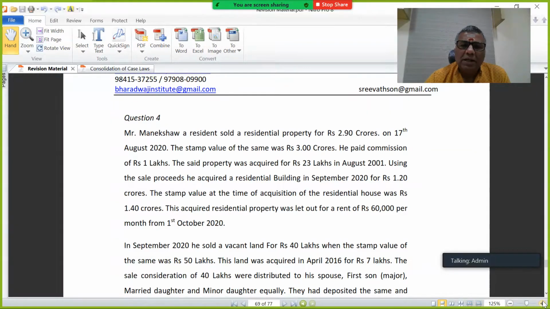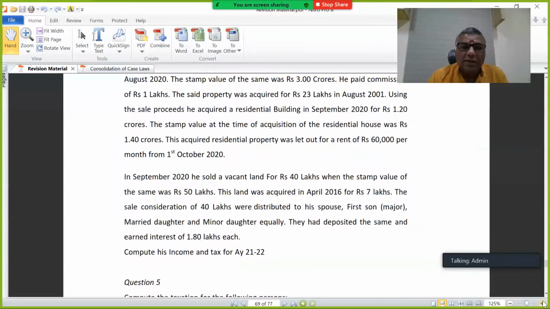The said property was acquired on 23 lakhs in August 2001. Using the sale proceeds, he acquired a building in September 2020 for rupees 1.2 crores. The stamp value at the time of acquisition of the house was 1.4 crores. This acquired residential property was let out for a rent of 60,000 from October 2020.